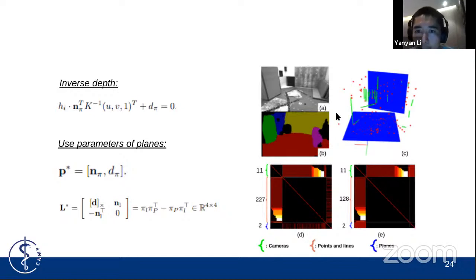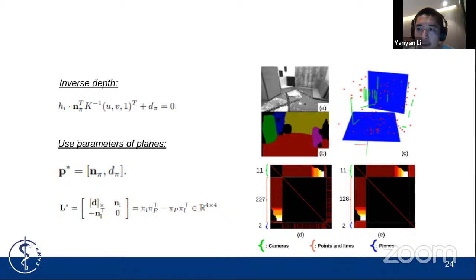In figure A, this is the EuRoC data set, which is also very popular for VIO, stereo or even monocular approaches. And figure B is the result from our plane instance segmentation network. Based on this, we can obtain some initial planar regions, initial coplanar features.